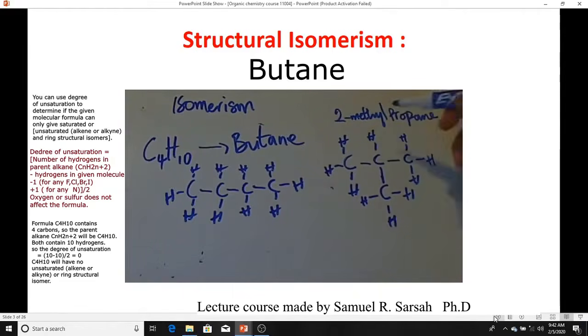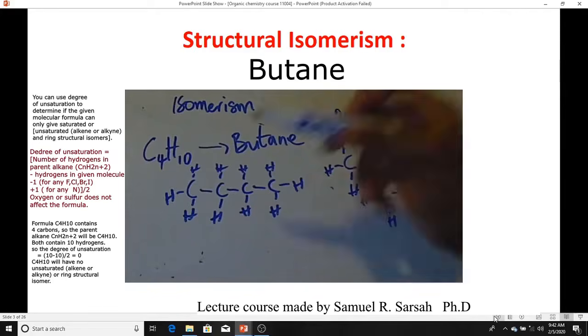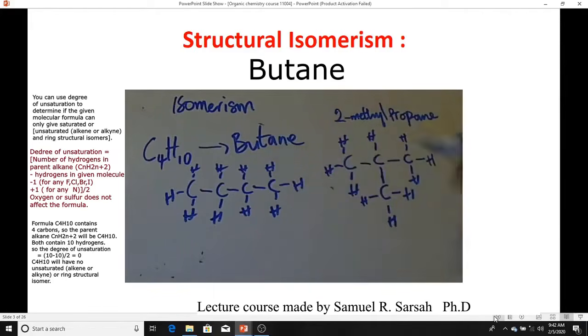And this is obviously different from this; it has different physical properties from this, because it's a structural isomer. It will not behave exactly the same as butane, but it has the same chemical formula, C4H10. So 2-methylpropane is a structural isomer of n-butane, normal butane.